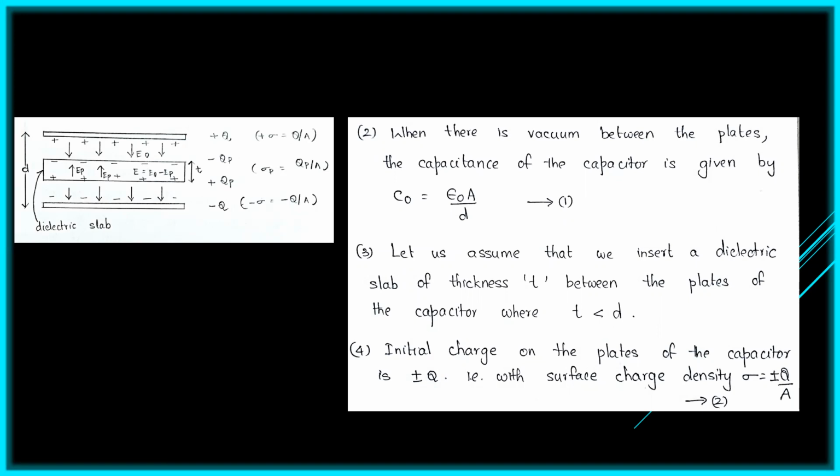Now, let us assume that we insert a dielectric slab of thickness t between the plates of the capacitor, where t is less than d. That means d is the distance between the plates and the thickness of the slab is smaller than the distance between the plates.